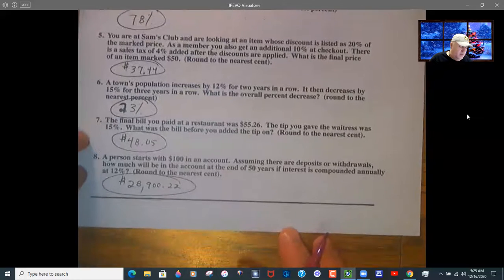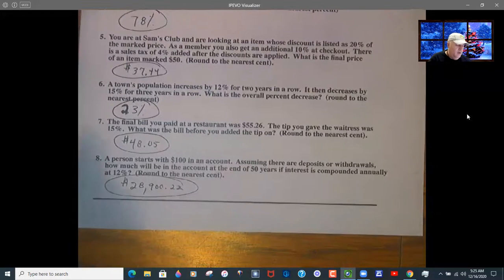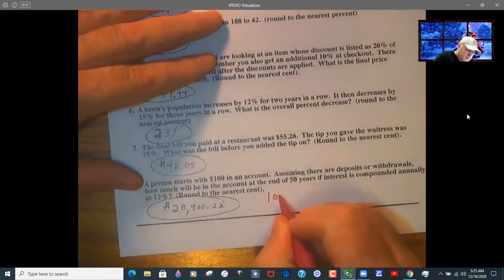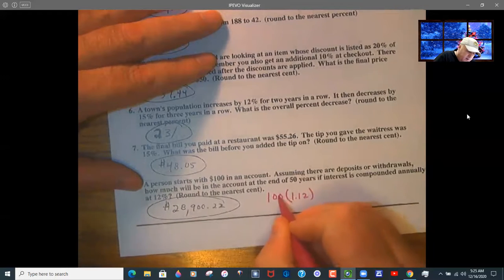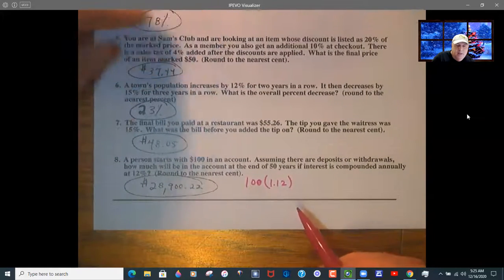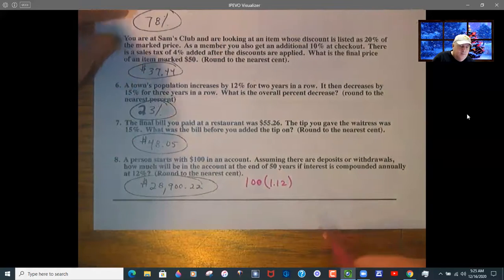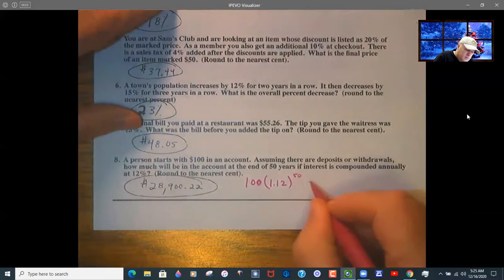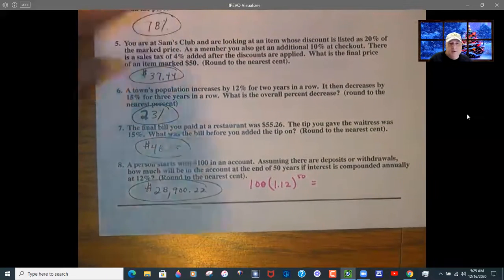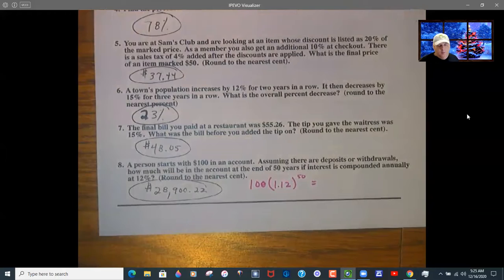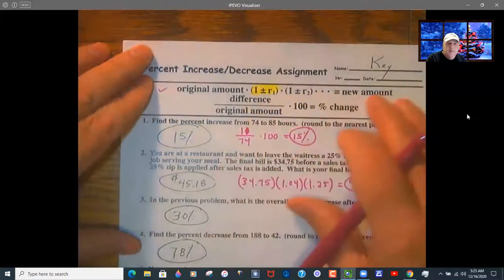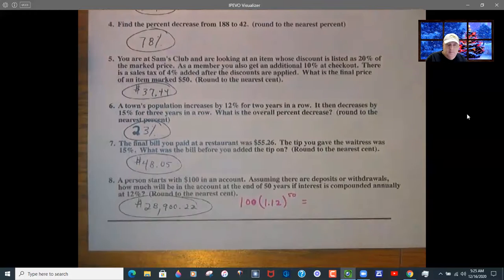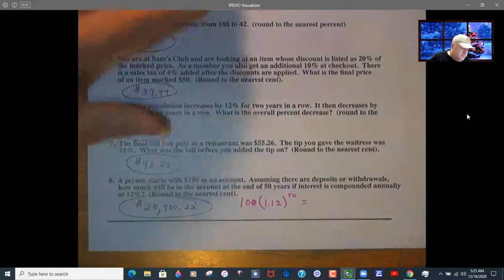Problem 8 is very interesting. You have $100, and this is where this gets into exponential growth with the same multiplier over and over. You're applying a 12% increase 50 years in a row. So instead of multiplying by 1.12 50 times, you can see up here, this over and over, you do that.